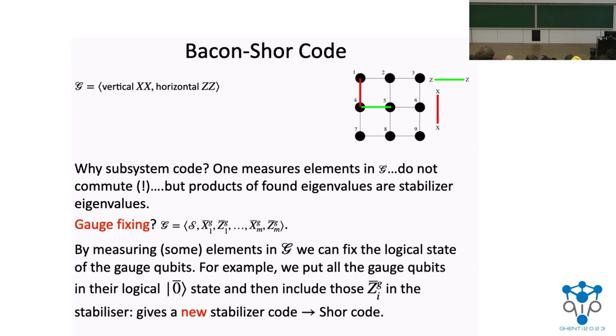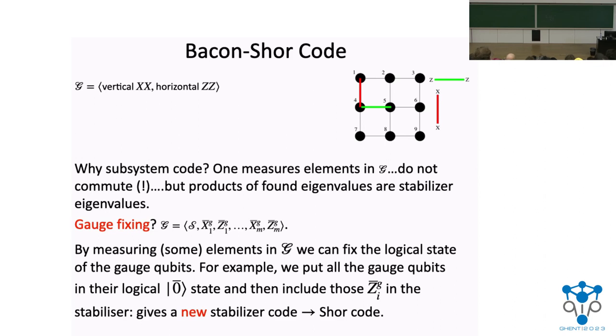And now you can ask, of course, also what's in S, right? So I have to construct products. For example, if I have this vertical edge here, so these red, so I have X, X, X, X, X, X, then it's clear that it always commutes with these ZZs, right?